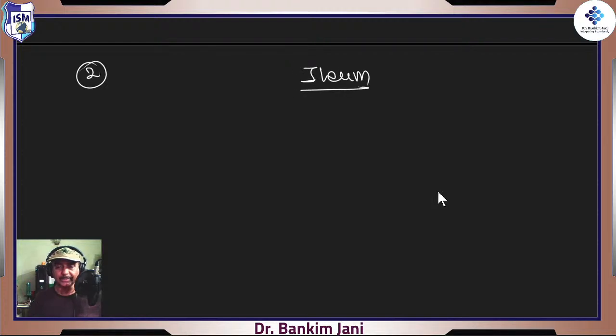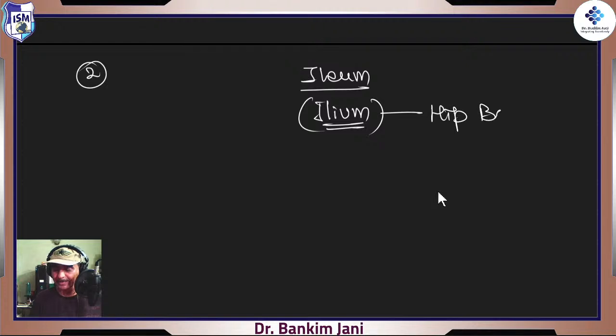This is for the ileum, not this ileum. This ileum is the hip bone, correct? Ileum, ischium, and pubis, hip bone part. So that is that ileum. So we are dealing with this ileum.